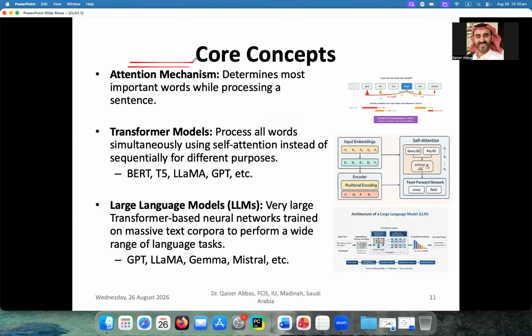So attention, what will it do? What will this component of the model do? This is a component that transformer models are now using.